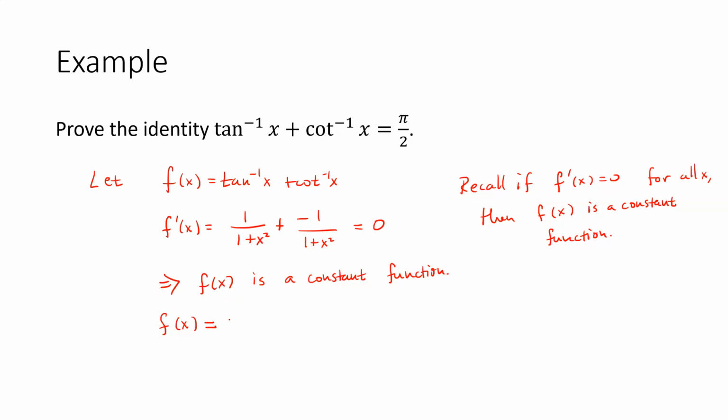Here, let's call it c. And what is this value of c equal to? Well, we could really just plug in any value of x that we choose, and it should always equal the same value for c, as long as we can evaluate it in each of these functions.